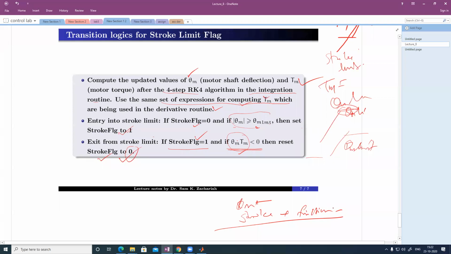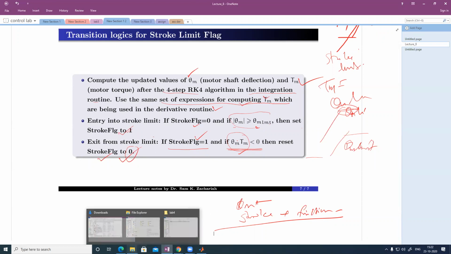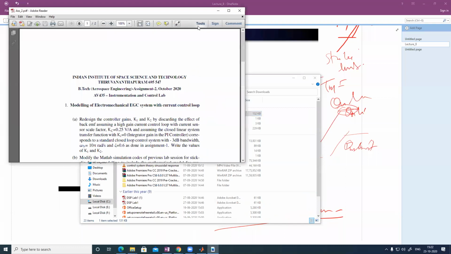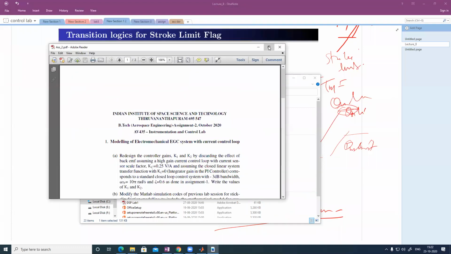So slip flag and stroke flag, two should be done at a time in the same iteration, like that you are saying, right? You can simulate this separately, without adding the stick slip flag. Actually, in the assignment, only the stroke limit question will be enough. The assignment question is this one.